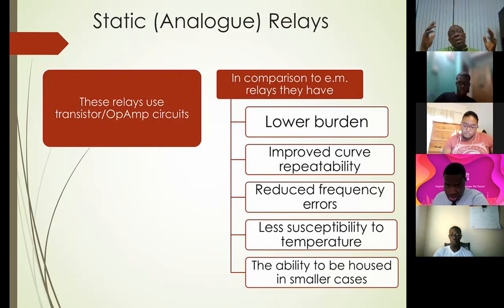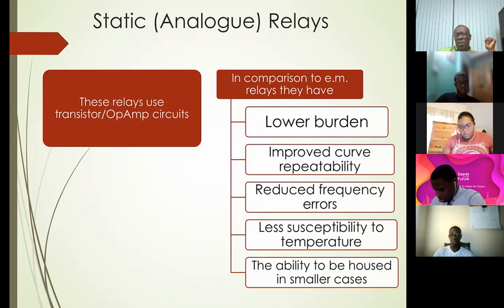If those change, then the possibility of you getting slight deviation from the expected curve may occur. It may not be significant, but it still occurs. So with your analog, you will have a greater chance of improved curve repeatability.